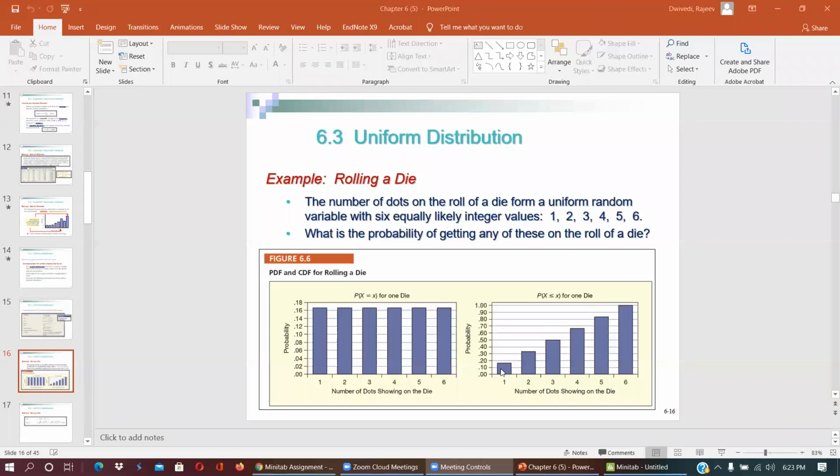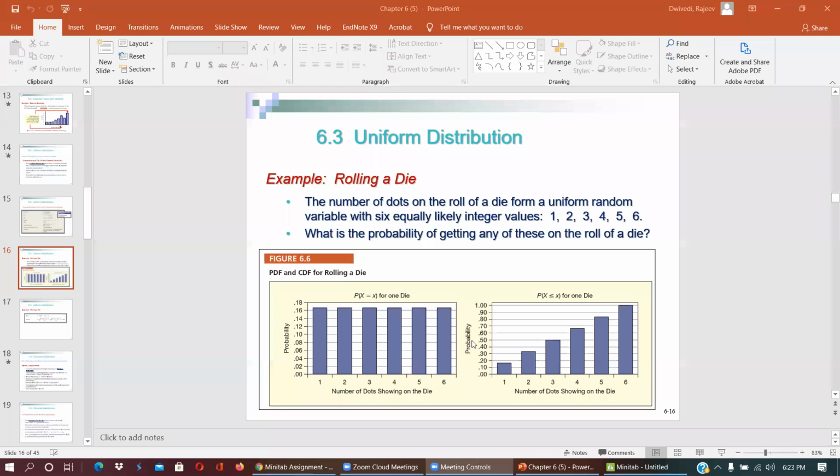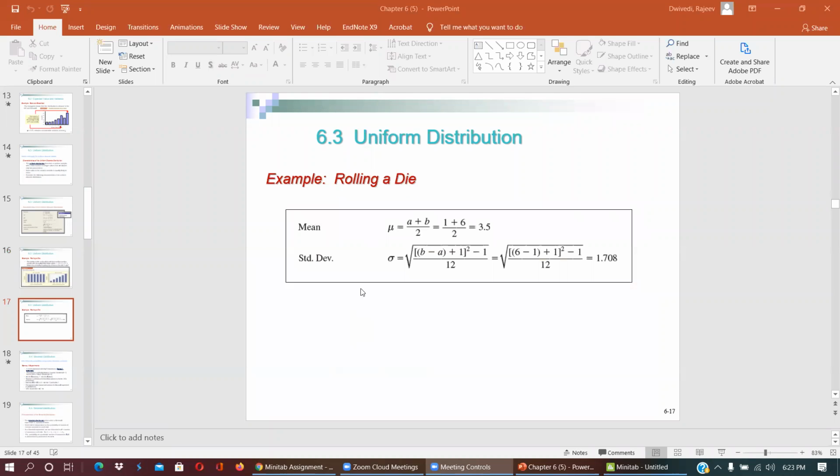So the first one is 16.67, the second is 33.33, next is 50, another is 66.67, then go ahead, and finally is 1. So this is the PDF and this is the CDF function. What is the mean of this? It is A plus B divided by 2.